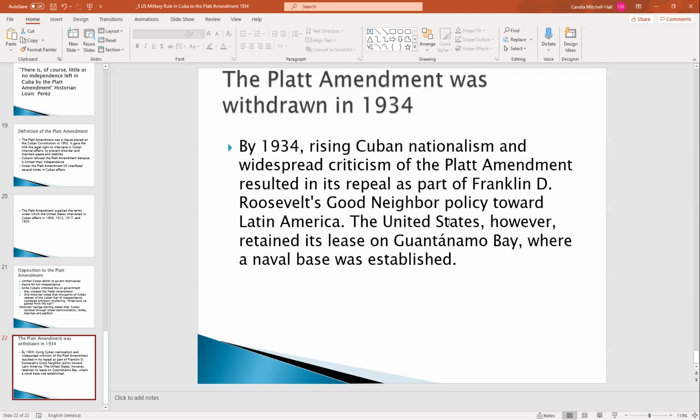We are going to still have control over that area. We're not going to rush in anytime there's a problem in Cuba. You have control. But once we continue to study Cuba, we're going to see that although the Platt Amendment was removed, they still had control.